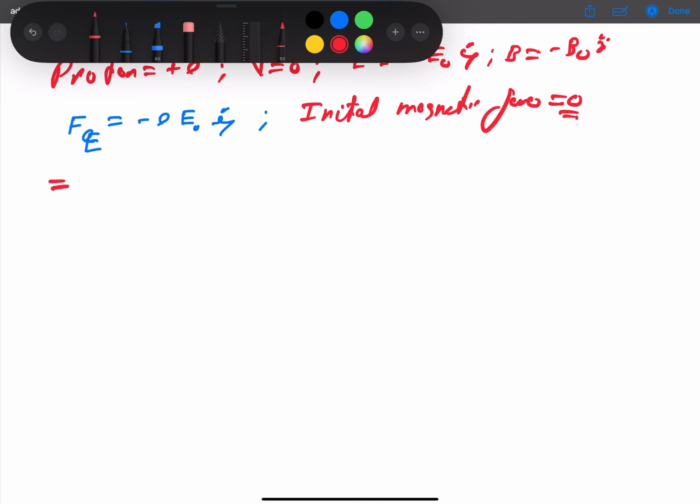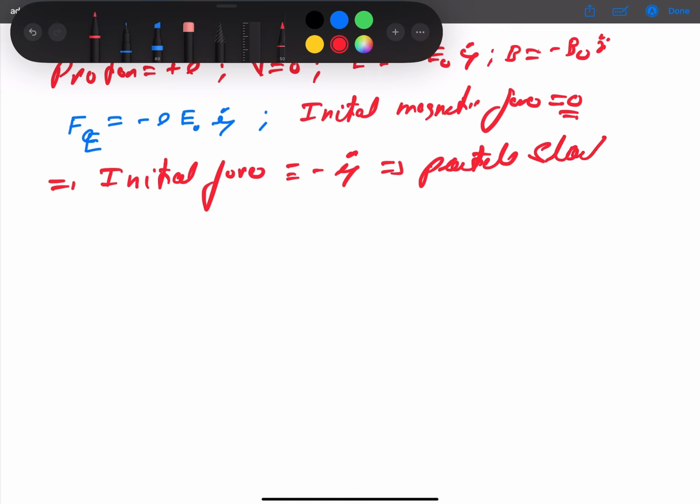You can say from here that the initial force is along minus y unit vector. So therefore the particle starts to move in minus y direction.